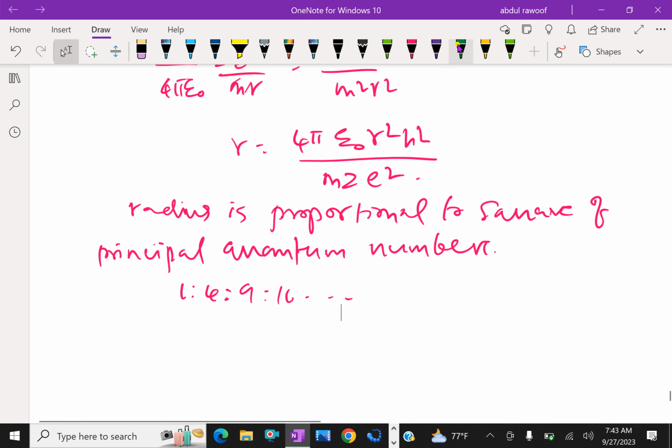The orbit with n equal to 1 has the smallest radius.